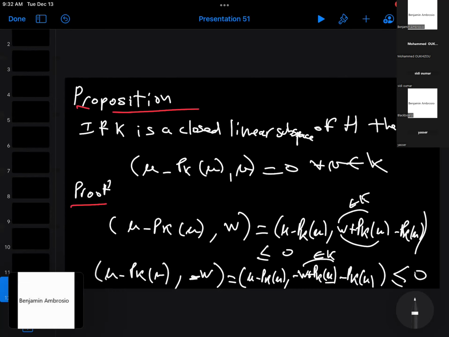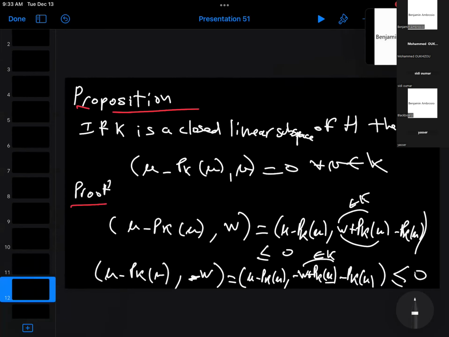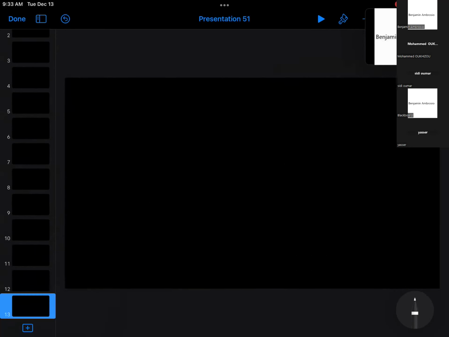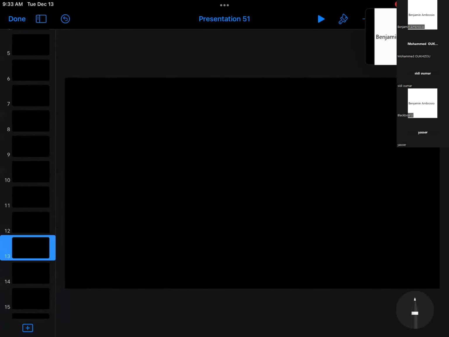So this quantity is non-positive, and minus this quantity is also non-positive, which means that finally, for all W, you have that U minus P_K of U scalar W is 0, because this is non-positive and this is non-negative.